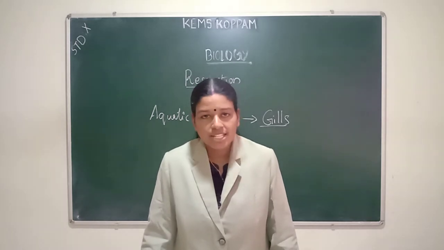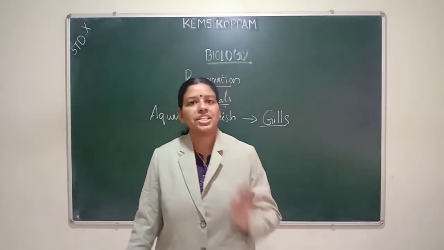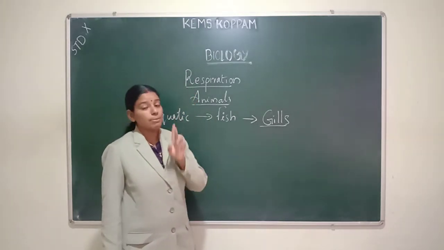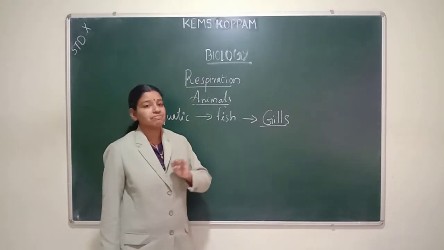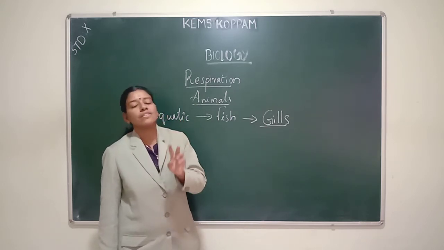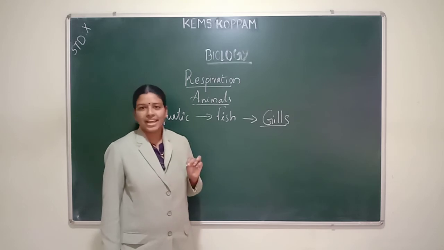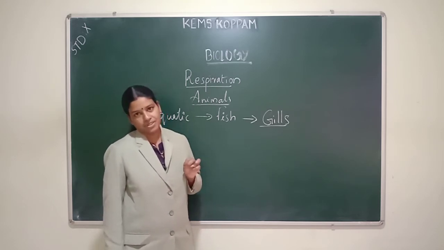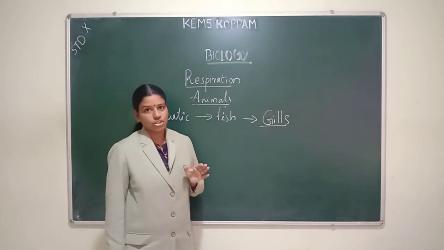So the important point you have to notice: fishes have gills. One more important point: gills are the respiratory organ. They take in dissolved oxygen. Is this clear to you?